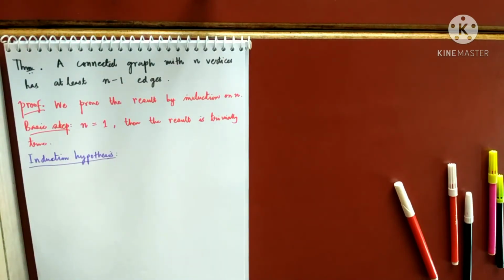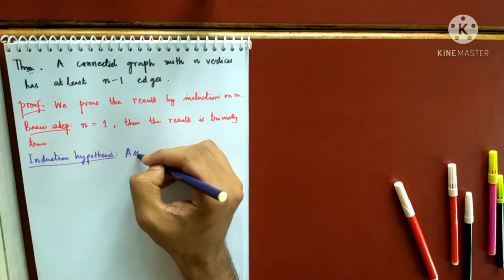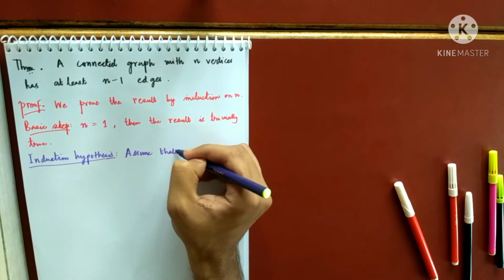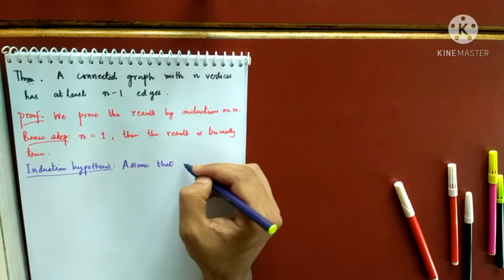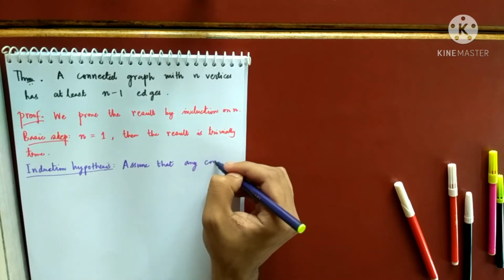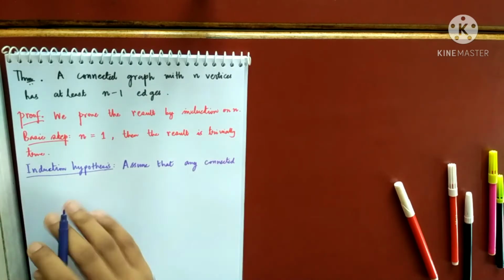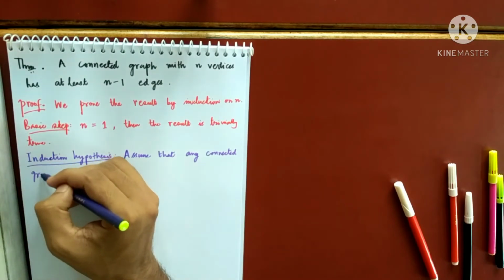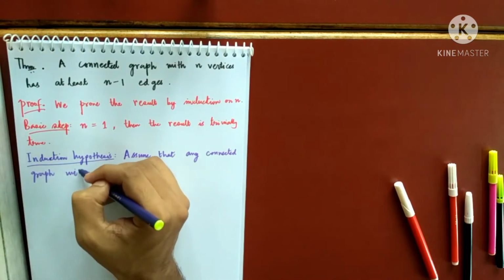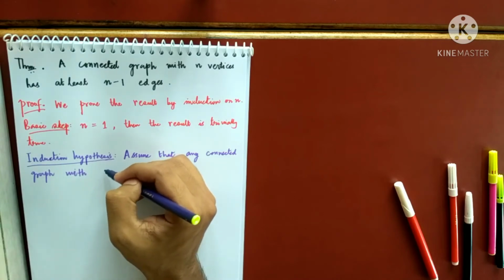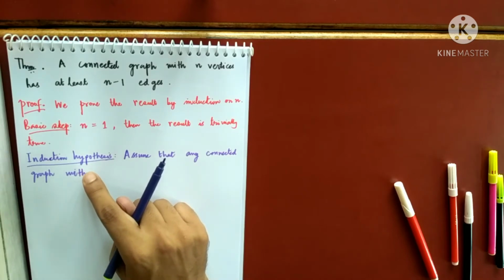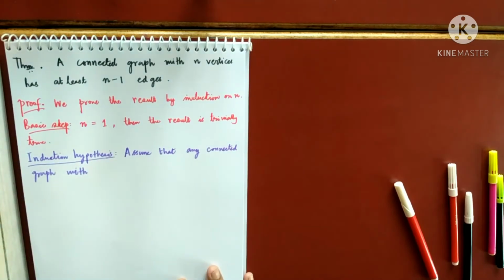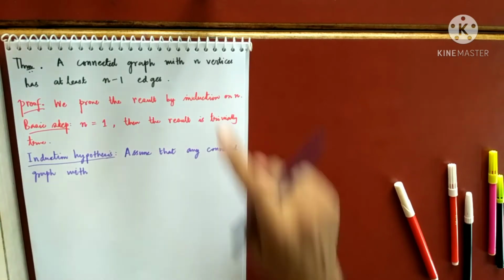So assume that any connected graph with n vertices. You can write n vertices or k vertices. You may have a habit of assuming it for k and proving it for k plus 1. That is also fine, but I'm just keeping n as n.